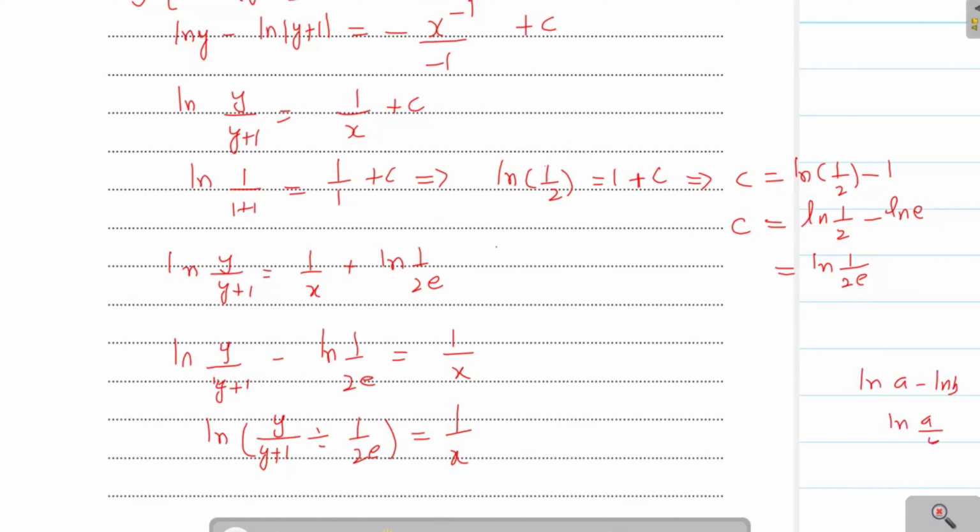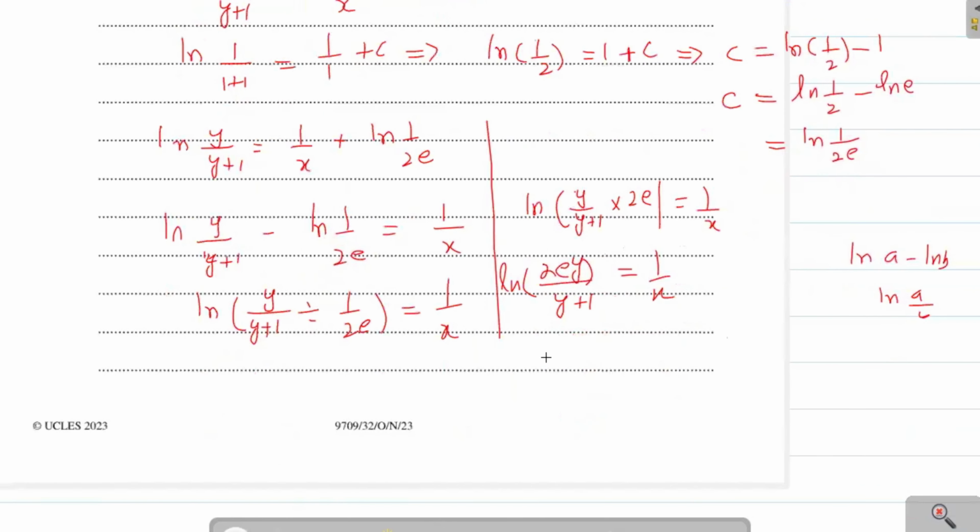Therefore, we can write this as ln y over y plus 1 multiplied by 2e equal to 1 over x, and this will be equal to ln 2ey over y plus 1 equal to 1 over x, and this can be written as e power 1 over x equal to 2ey over y plus 1.